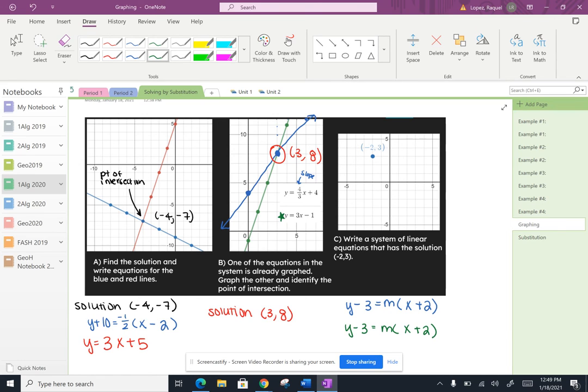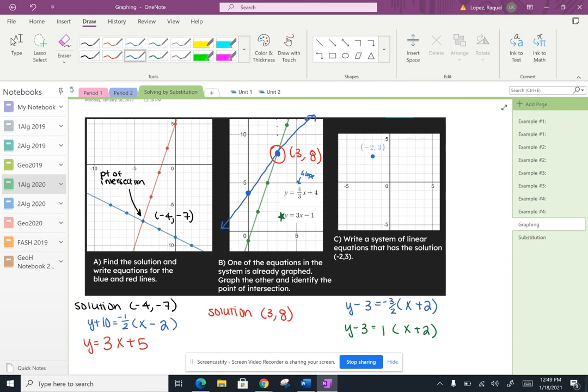We can pick any slope we want and it will be correct. So let's give the green line a slope of 1. Let's give the blue line a slope of -2/3. So here are two equations where the solution is going to be -2, 3.